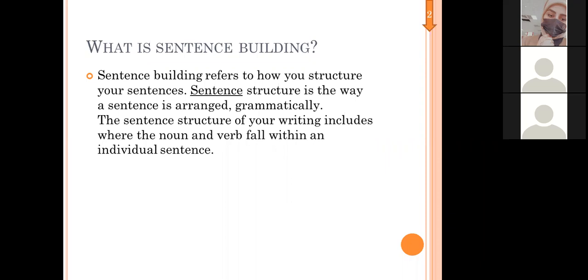Being able to construct accurate sentences enables us to express our ideas in a clear and coherent way. Sentence structures are an integral aspect of both written and spoken language. Without them, how will we communicate?